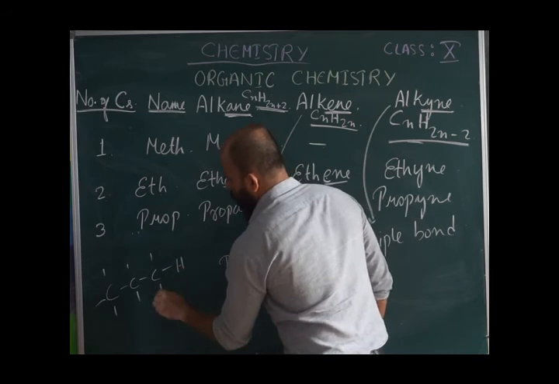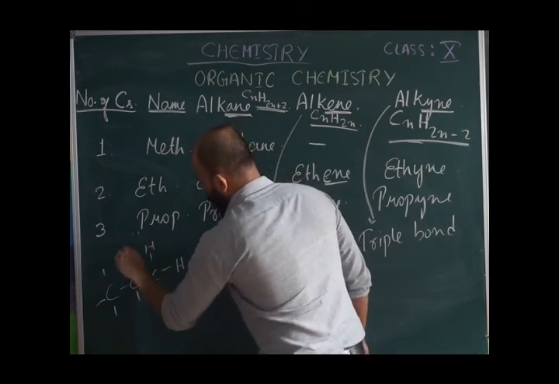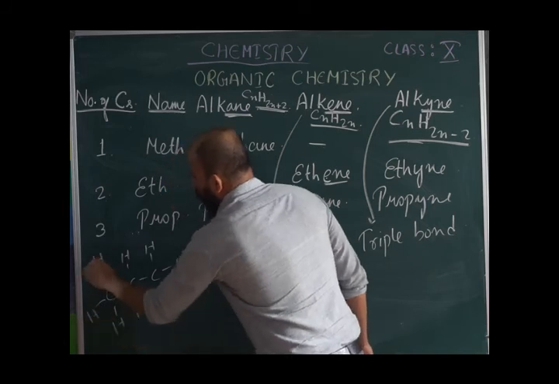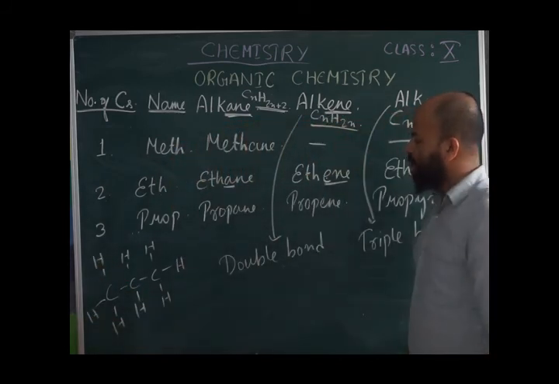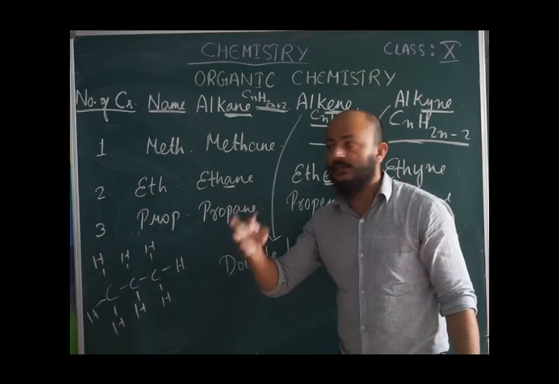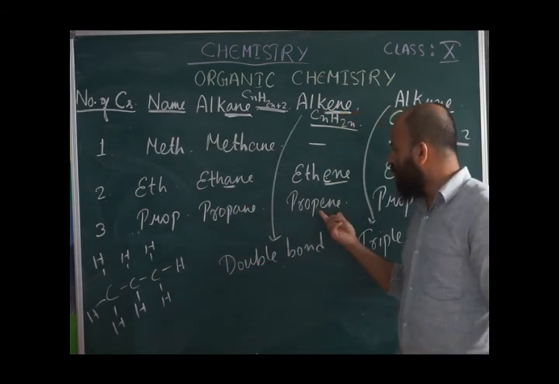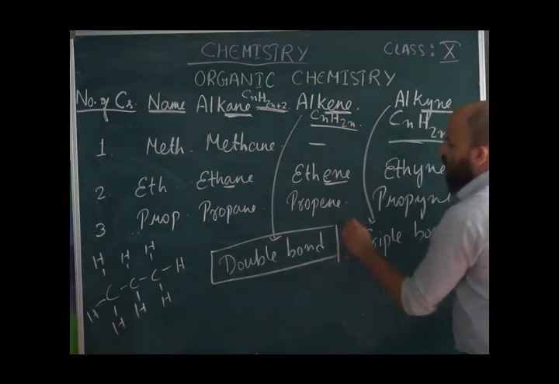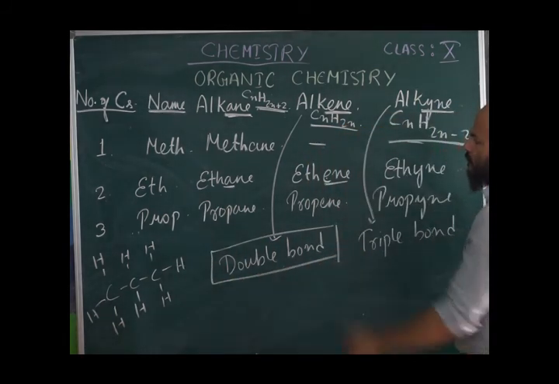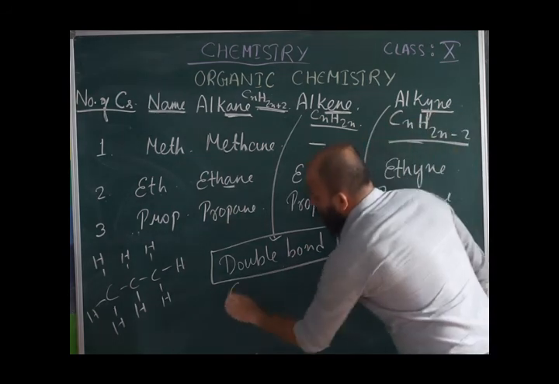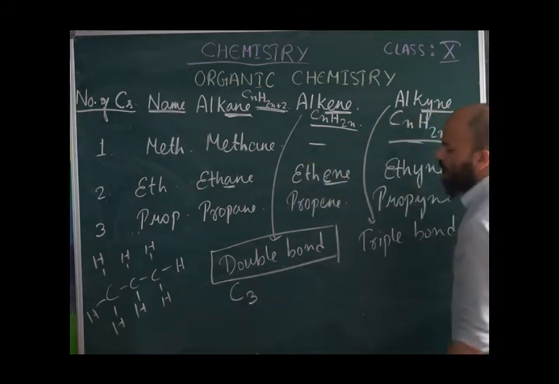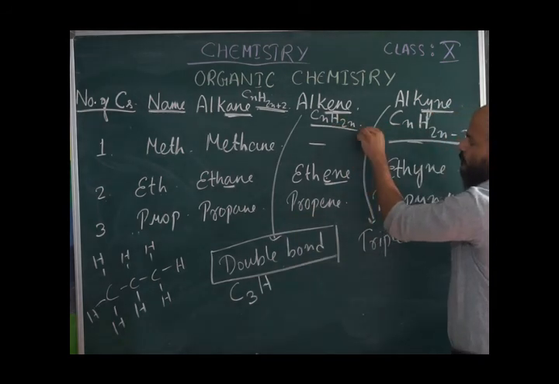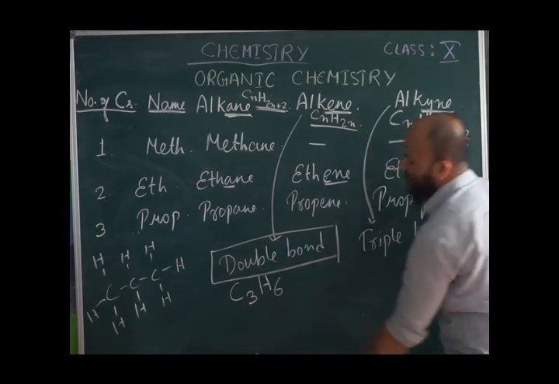These are all your hydrogens. This is your propane, no? So for a compound of 3 carbons to be propene, there has to be the presence of a double bond. See, with 3 carbon atoms, for this compound to be alkene, the number of hydrogens should be double, so there should be 6 hydrogens.